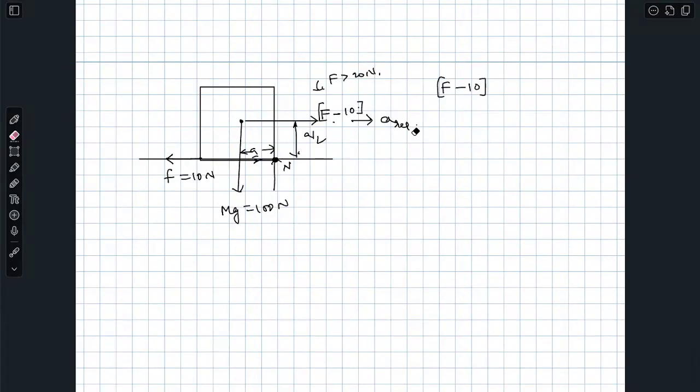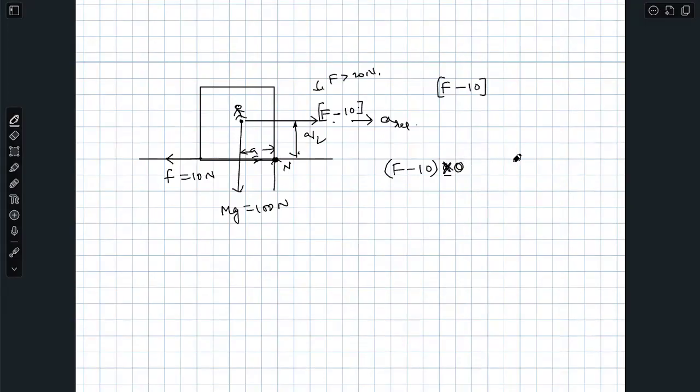This is A relative. What are the torque contributing factors that I need to work? Suppose if I am applying about the center. Okay. Torques. So you want the toppling case. F minus 10 times A 0.